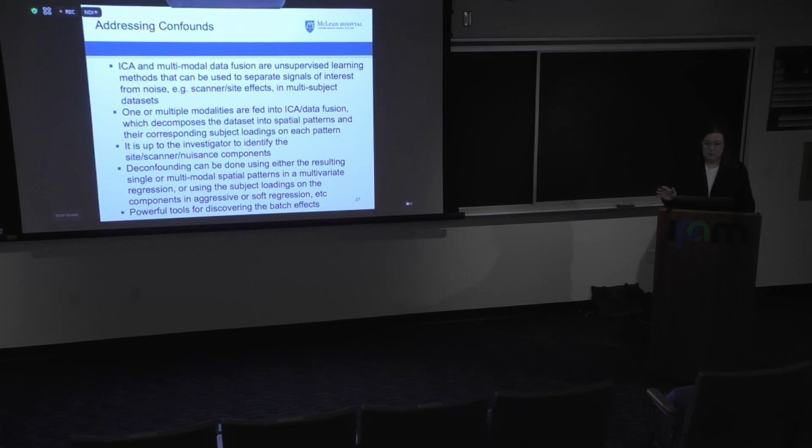Okay, so my lab has done a lot of work with ICA and data fusion, trying to develop these methods for data denoising. ICA and multimodal data fusion are unsupervised learning methods. I described this already for fMRI, where they can be used to separate signals of interest from noise or artifacts like scanner and site effects in multi-subject data sets.